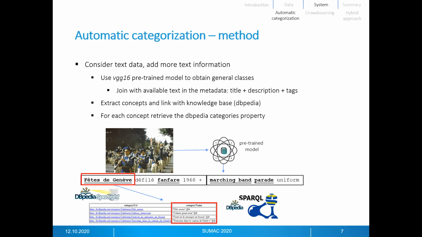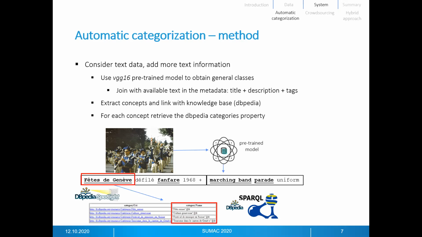Our assumption is that DBpedia categories can provide more specific information that connect directly with the image category we aim to predict. This is better illustrated in this figure. The example image is taken from during the Geneva Festival. The pre-trained VGG model provides the text marching band and parade uniform in English.